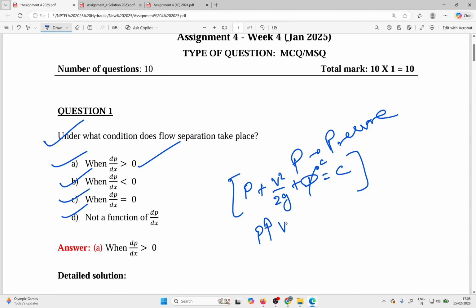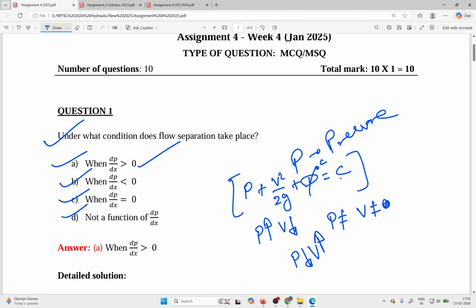Your velocity should decrease, then you will get the constant value. If your pressure is not changing, then your velocity should also not change. If your pressure is increasing, velocity decreases. If your pressure is decreasing, your velocity should increase. That's why you will get the constant value.